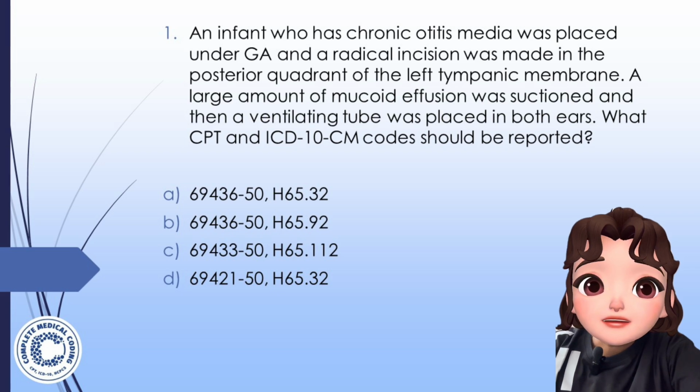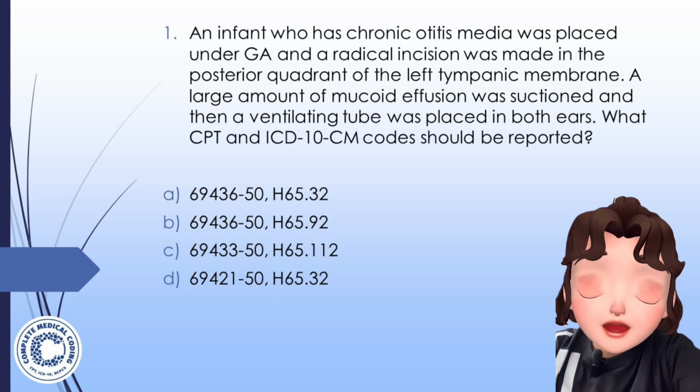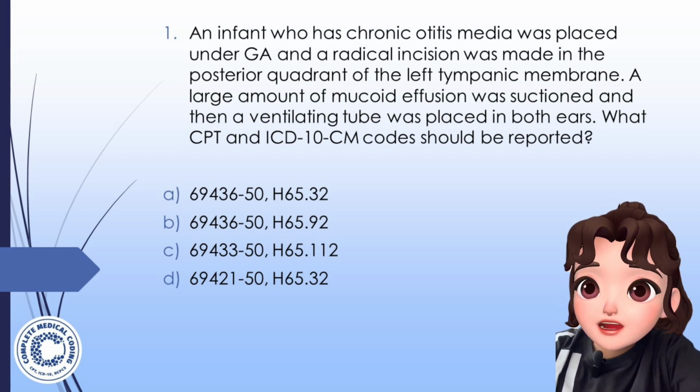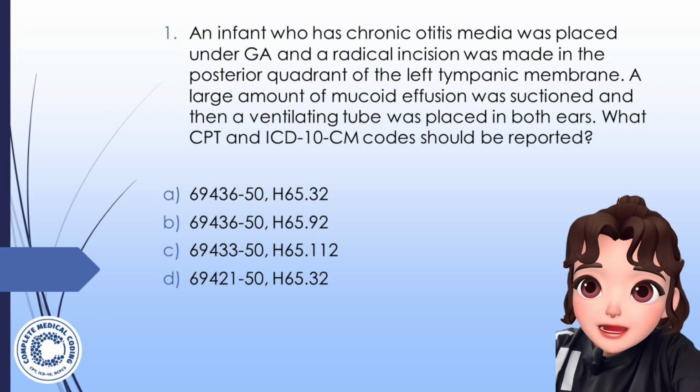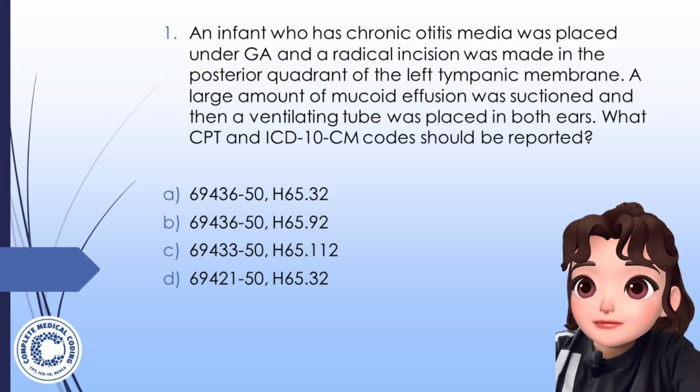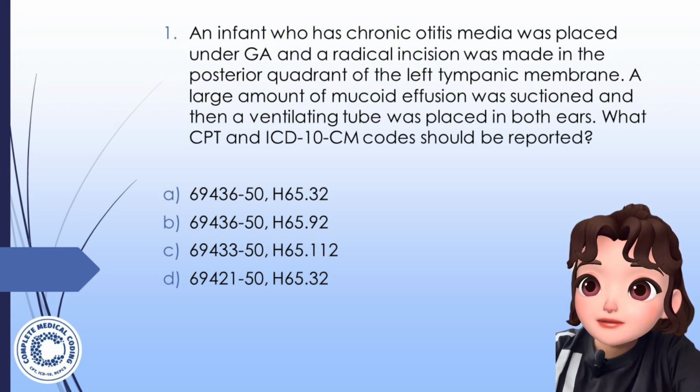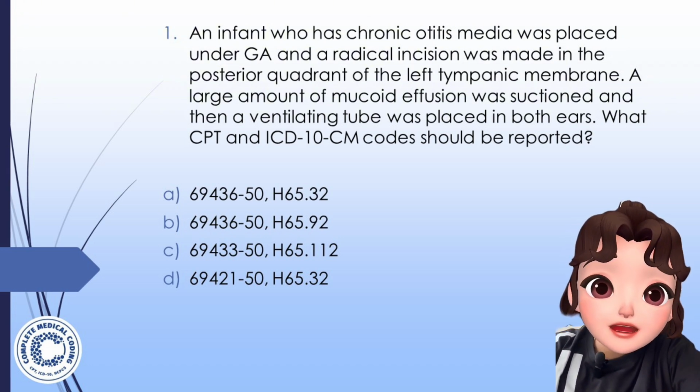So here the diagnosis will be chronic otitis media. As mentioned, the patient is having chronic otitis media. An incision was made to the left tympanic membrane, and then a large amount of mucoid effusion was suctioned from both the ears.